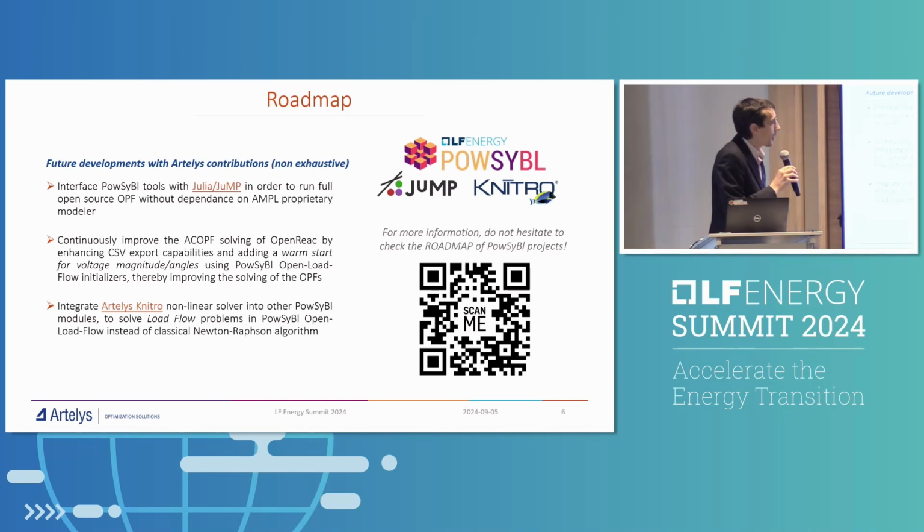The work is ongoing. I hope that by the end of the year we will have it. And then with Julia JuMP, you will still be able to call Artelys Knitro, or to switch to an open source nonlinear solver, so that we will have the best of both worlds: a full open source alternative, and then Artelys Knitro if you want the best performance.